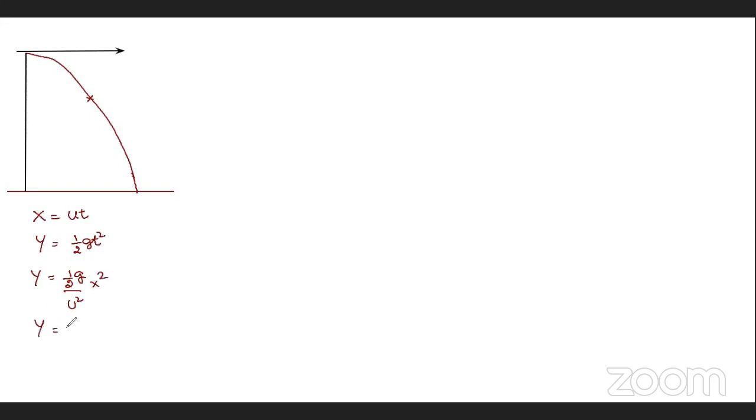This one we wrote as a x square, where a is equal to half g, g by 2. And I remember that I explained even the range also, the time.